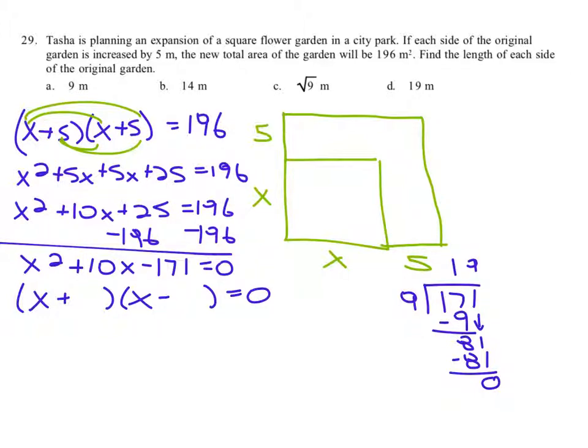That's perfect, because those two numbers multiply to negative 171, and they need to be opposite signs so that we get a negative, and we need there to be a positive number left over. So we say negative 9, positive 19.